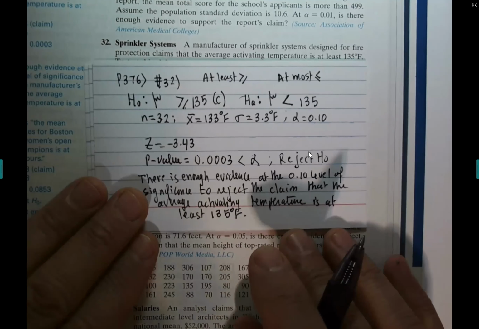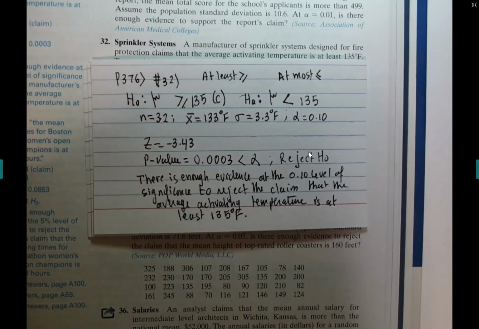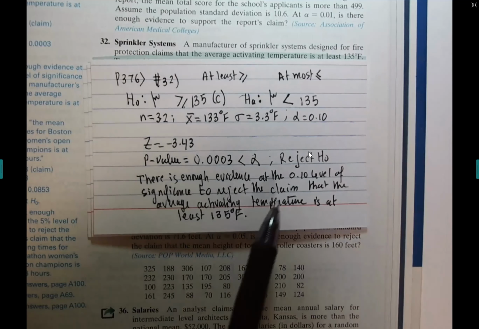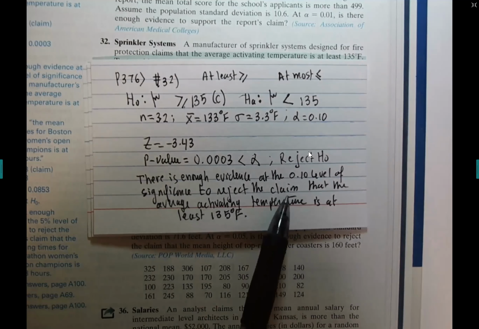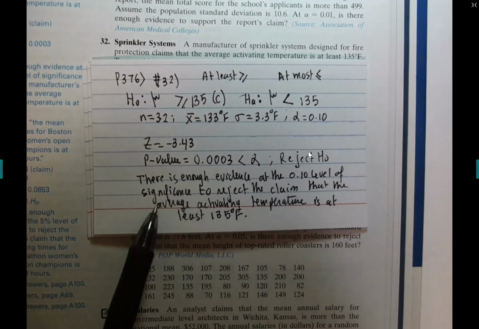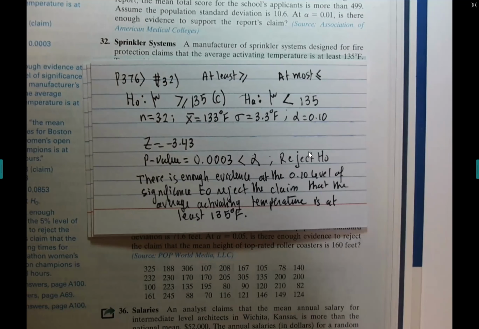When they say it will pick up just when it is 135 degrees, the sprinkler system will go off, and we're saying that this claim is wrong. That's very serious because that's very sensitive as far as safety here. So there is enough evidence at the 0.10 level of significance to reject the claim of the manufacturer of the sprinkler systems that the average activating temperature is at least 135 degrees Fahrenheit.